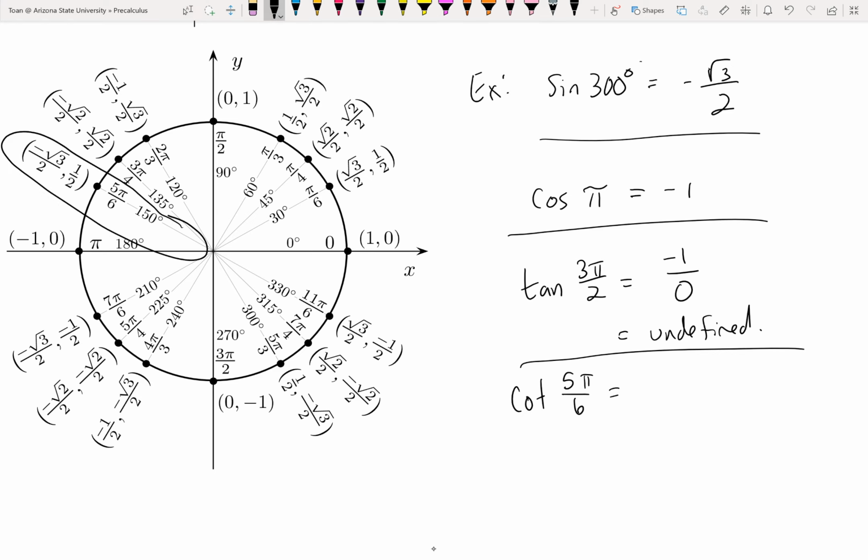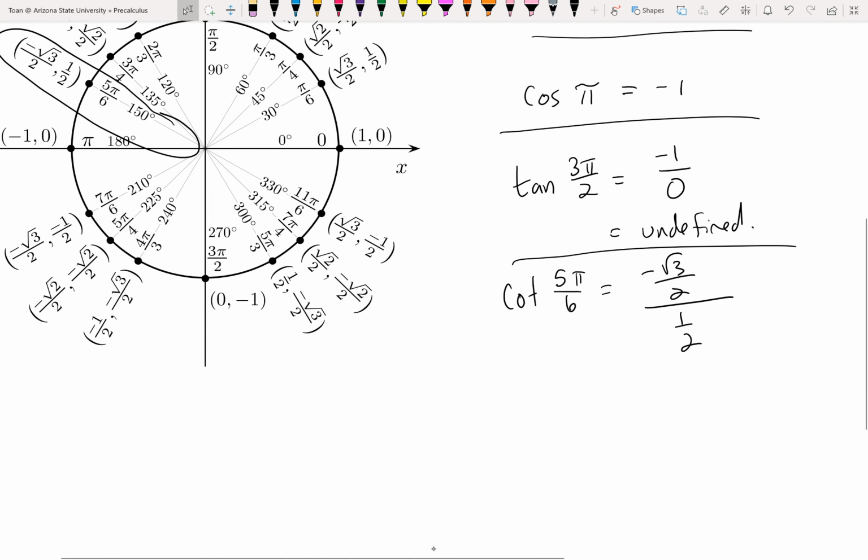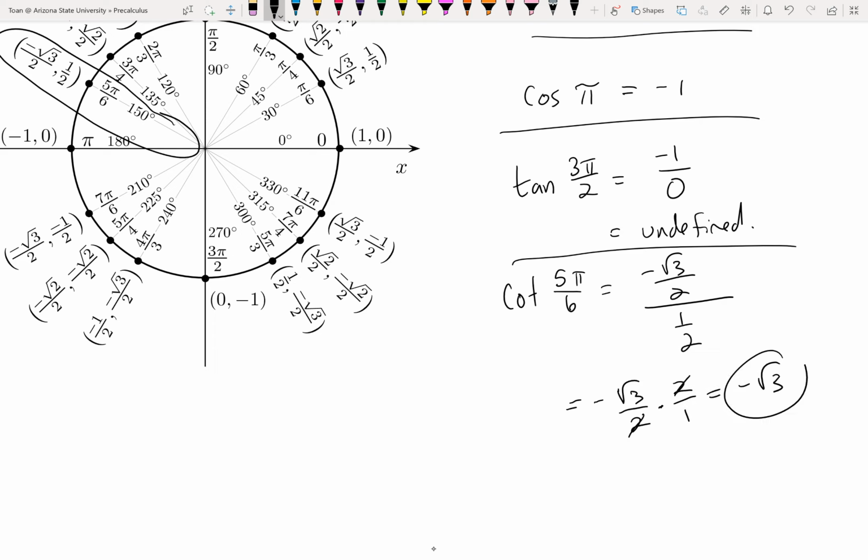I know that tangent is y over x, so I'm going to do the exact opposite. This is going to be x, negative radical 3 over 2, over the y. And of course, you have to simplify this compound fraction. Dividing by a fraction is the same thing as multiplying by the reciprocal. And of course, that gives us negative radical 3.